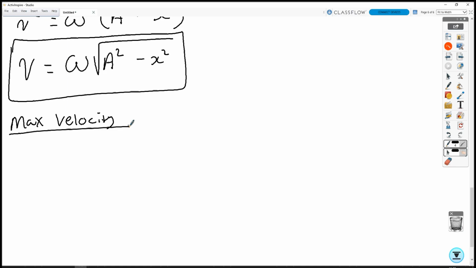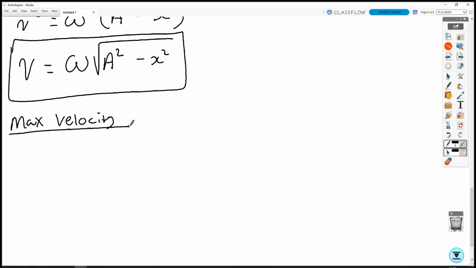Number one, we can find it by looking at the trig function, which is minus A omega sine omega t. So the amplitude A is constant, omega is constant for that system. So the only thing in that function that changes is the sine. So what's the range of sine? Well, it's 1 to minus 1.